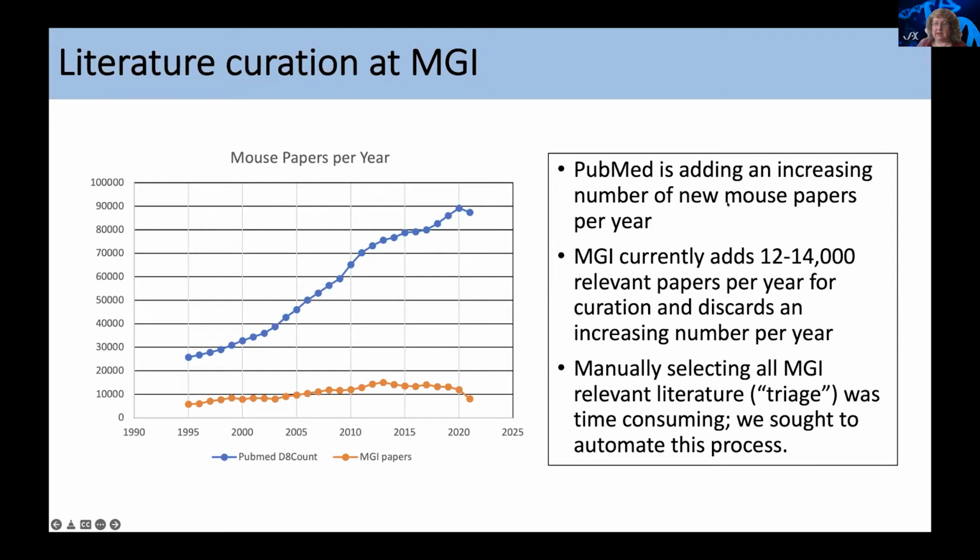So MGI currently adds about 12 to 14,000 relevant papers per year for curation, and discards an increasing number of papers per year. So the question is, why is that, and how can we automate this process so that curators aren't spending all of their time throwing away papers? And this is very time consuming, so we really wanted to automate this process.